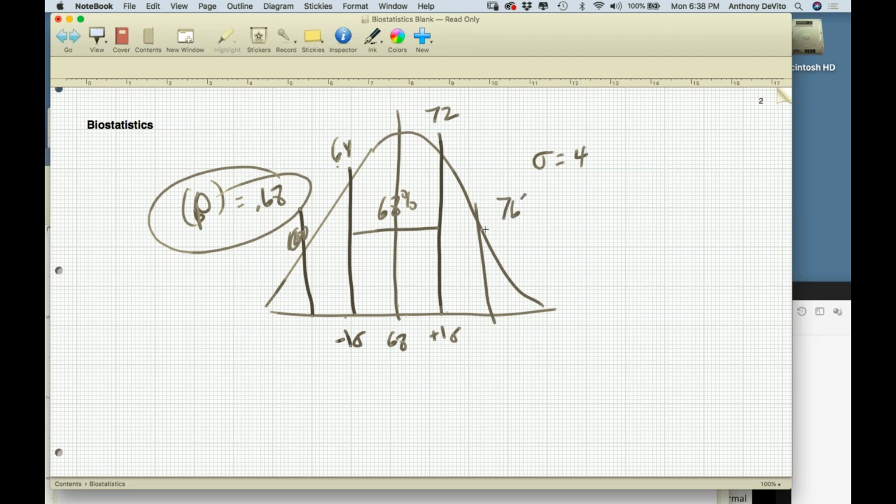Okay, how many standard deviations to the right of the mean is 76 inches? 2 standard deviations above, and two standard deviations below is 60 inches, right? 68 minus 8 is 60 inches. Okay, so what's the probability of choosing someone between these two values of 60 and 76 inches in height? Well, that probability is going to be 95%.